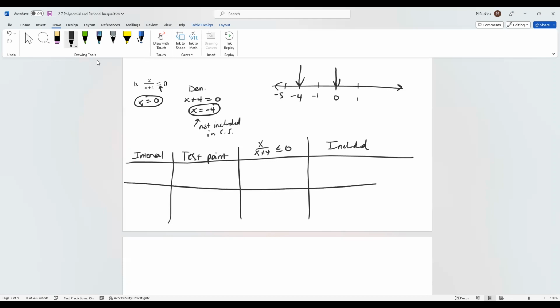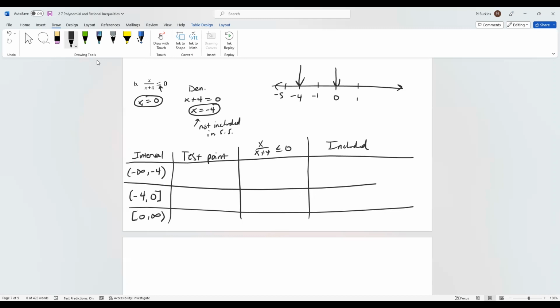So 3 intervals. The first is -infinity up to -4. Now, -4 is not included, even though it's equal for the inequality, so we use a parenthesis. Then we do parenthesis -4 to 0. We include 0. And then from 0 to infinity.